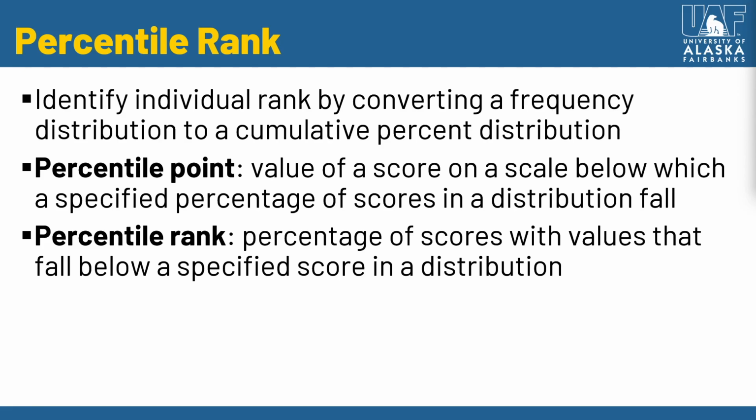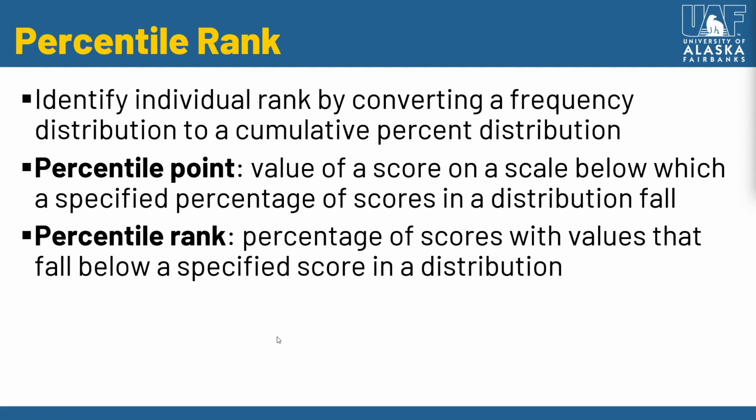And percentile point and percentile rank are kind of opposite ends of the same coin. So percentile point is the value of a score on a scale below which a specified percentage of scores in a distribution fall. And percentile rank is the percentage of scores with values that fall below a specified score in a distribution.